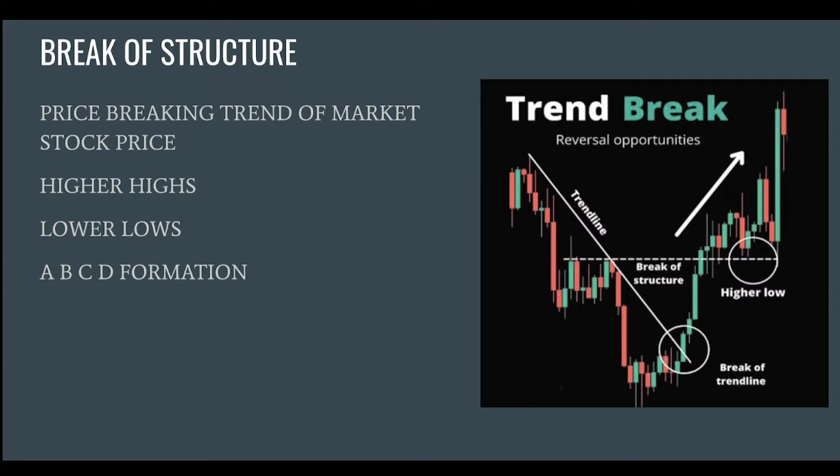Also, you have a breaker structure, which does help with supply and demand. I'll go over this in part 3, but it's your price breaking the trend of the market, with higher highs and lower lows, and you also have the ABCD formation, which is part of supply and demand and the wave theory. But the main thing I like to do on supply and demand: your demand is going to be down here.